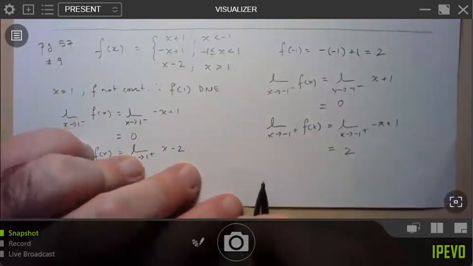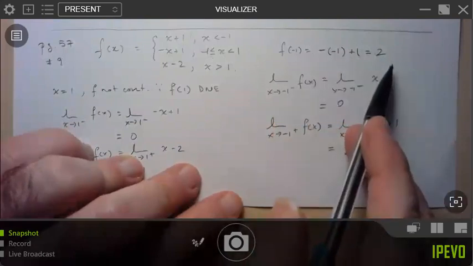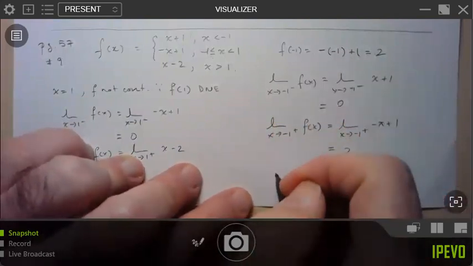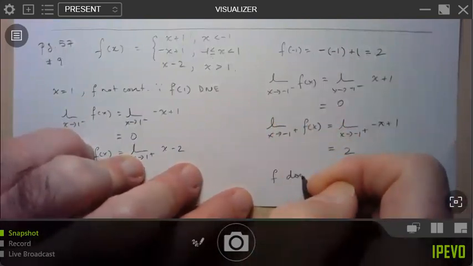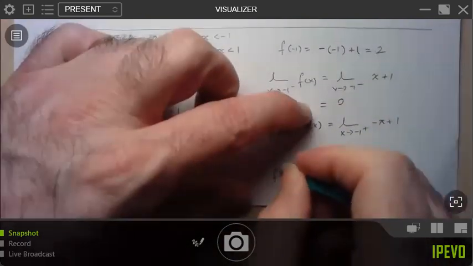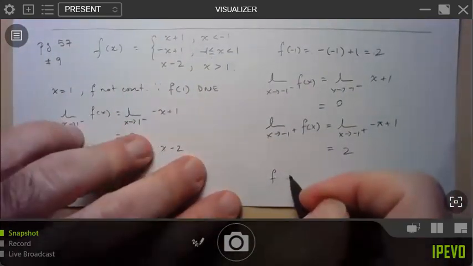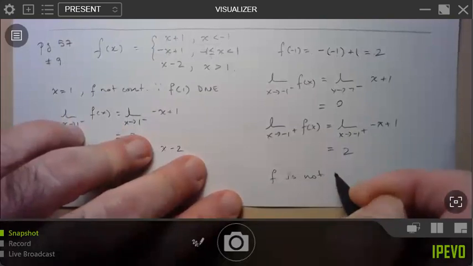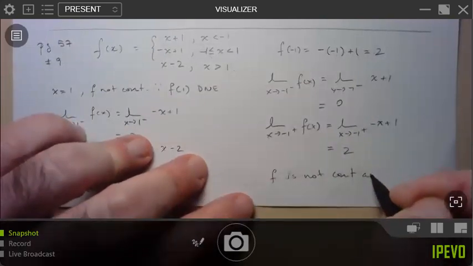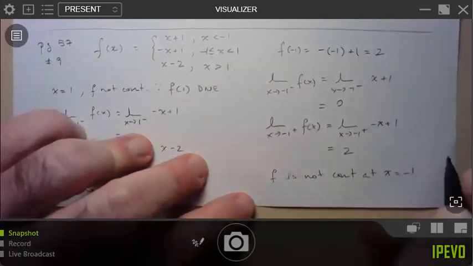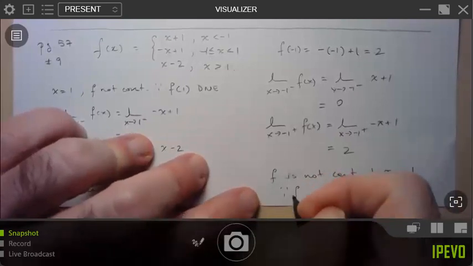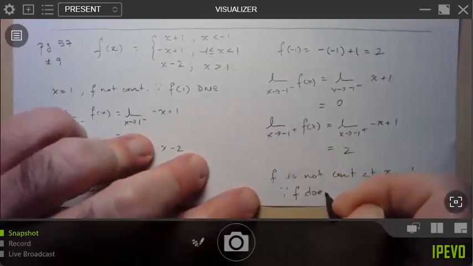So even though f at -1 is defined, okay, f is not continuous. Okay, f is not continuous at x equals -1, since f does not have a limit.